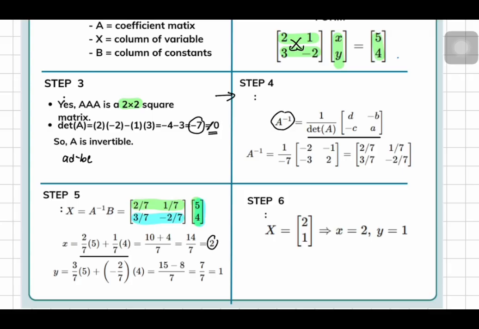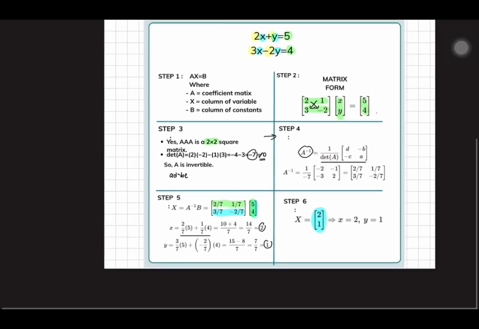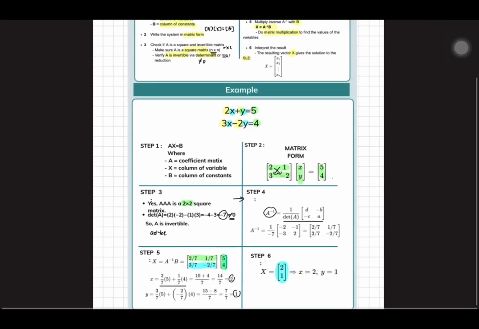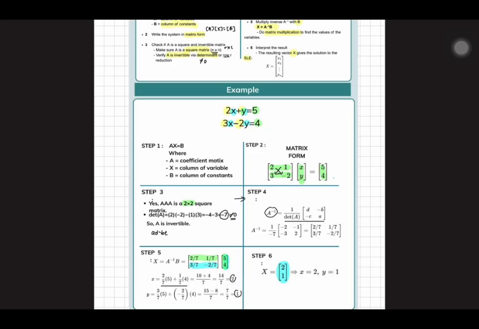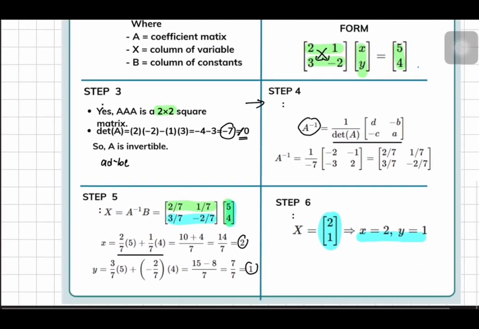And then 3 over 7 times 5 plus -2 over 7 times 4, we will get 1. So this is the resulting vector, 2, 1. Therefore, the resulting vector gives the solution to the system of linear equations, where x equals 2 and y equals 1.